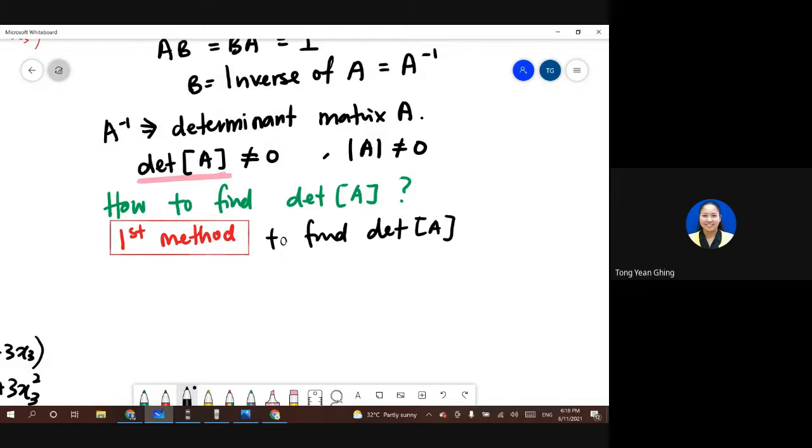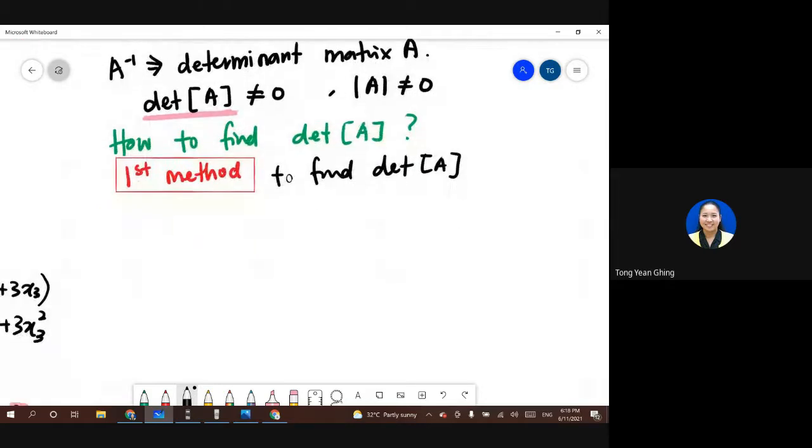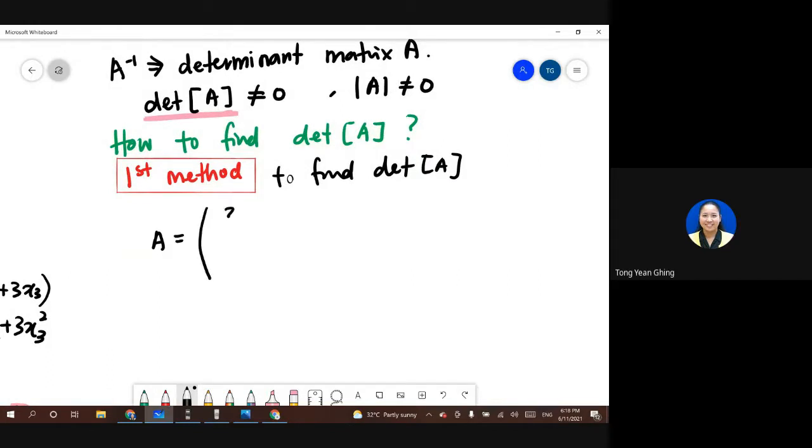Maybe we just directly take the matrix A from just now, using example 3.13, the same example. Let's say we have matrix A like this: 3, 1, 0, 1, 3, negative 1, 0, negative 1, 3.